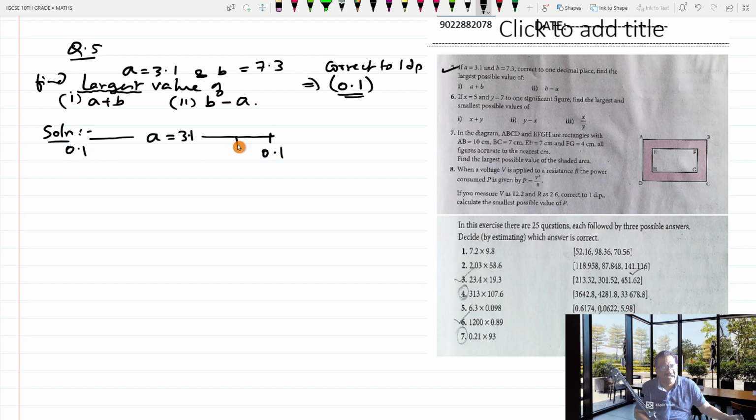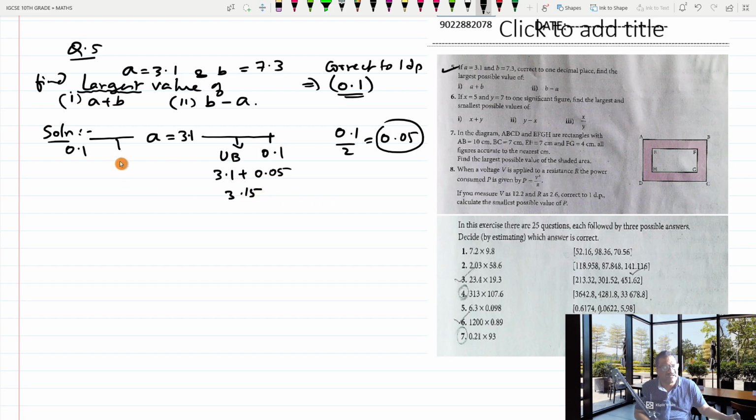Then take the midpoint of this. So 0.1 divided by 2 will be equal to 0.05. So this will be your upper bound, which will be 3.1 plus this number, that is 0.05. That works out to 3.15.